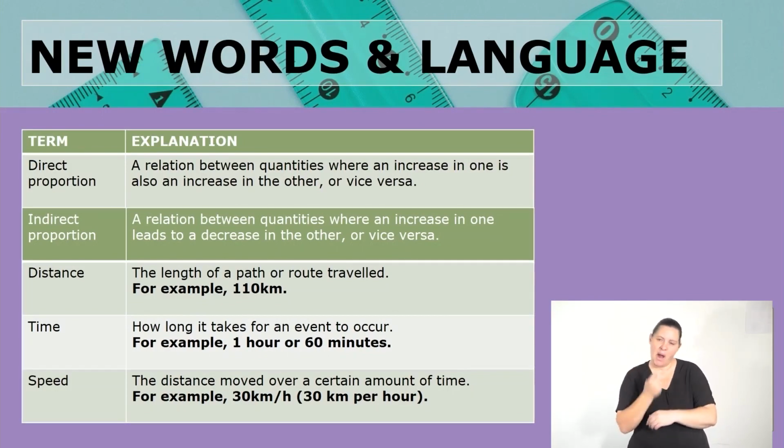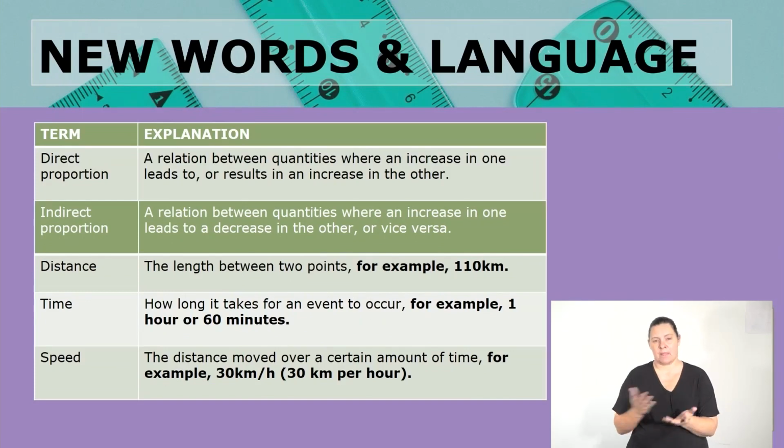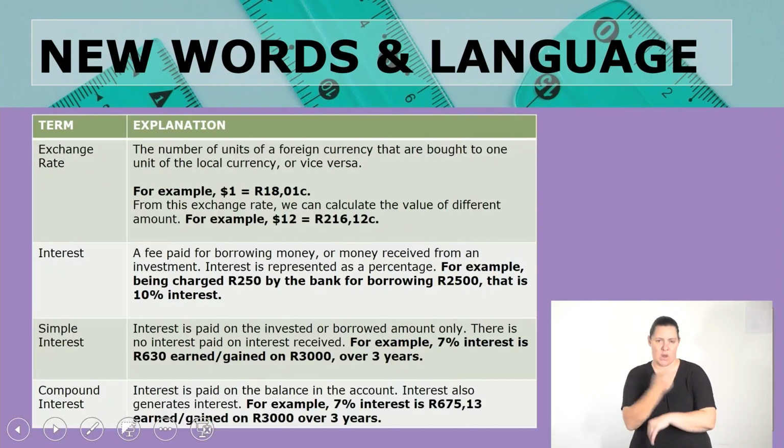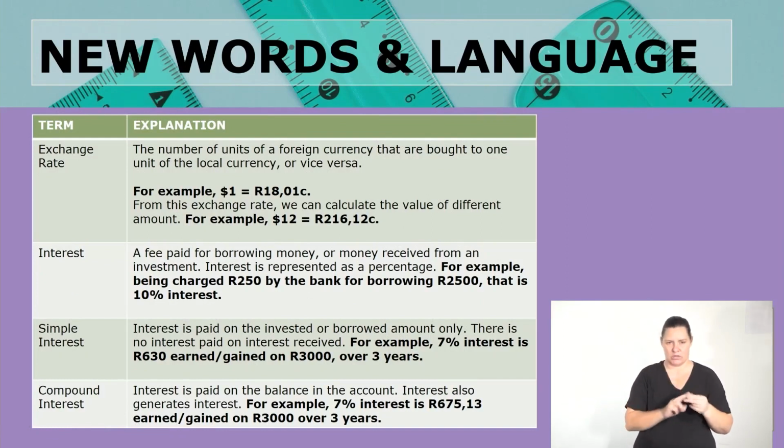Time, how long it takes for an event to occur, for example, 1 hour or 60 minutes. Then we have speed, which is the distance moved over a certain amount of time, for example, 30 kilometers per hour. We also have exchange rate, the number of units of a foreign currency that are bought with 1 unit of the local currency, or vice versa.